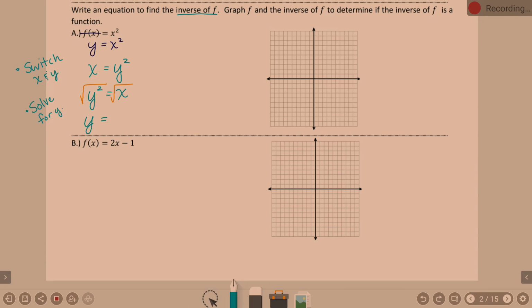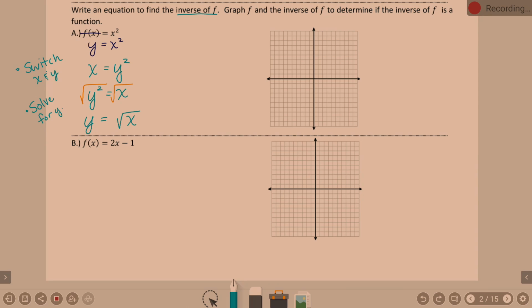What's the square root of x? Square root of x? Is that all you guys said? What happens when you take the square root in an equation setting? You have to put on the plus or minus.